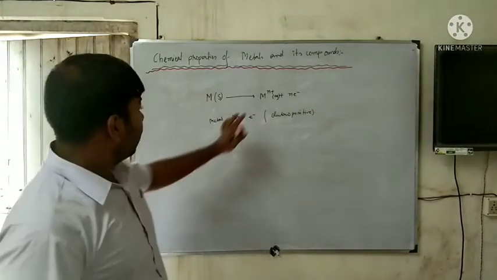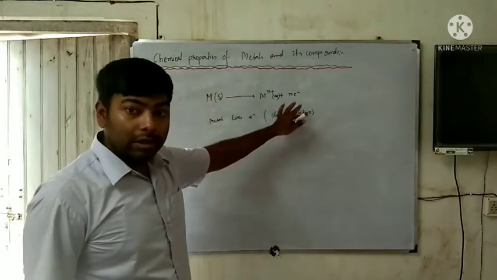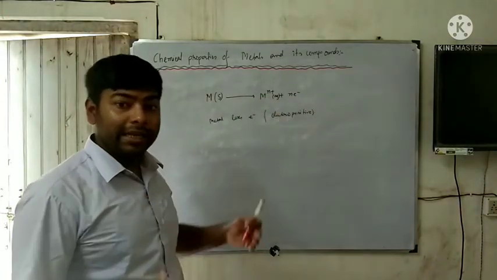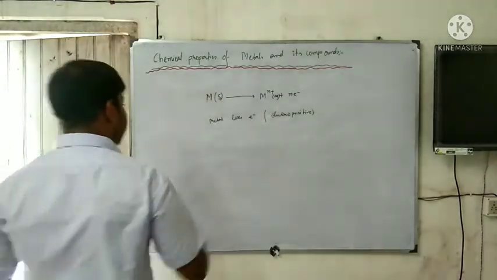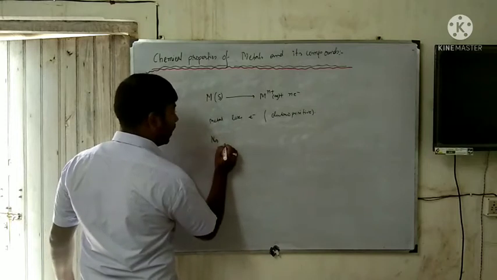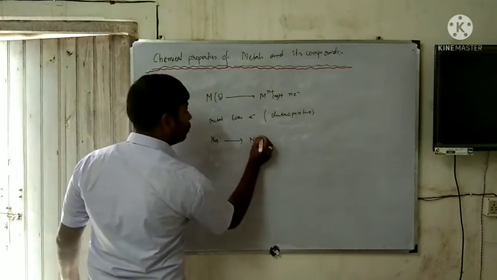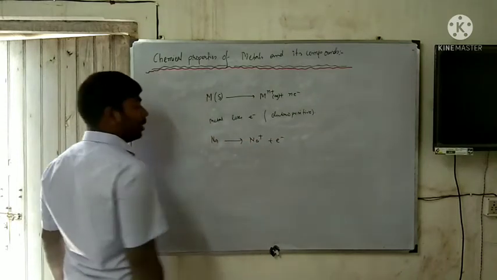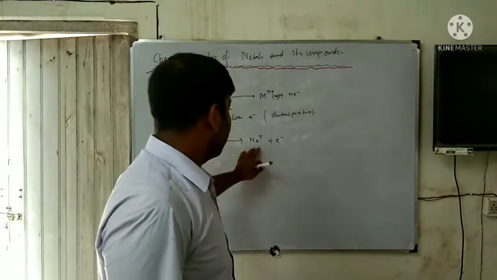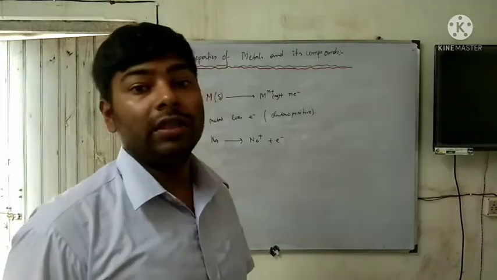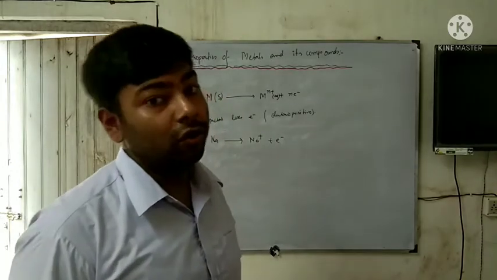But the number of electrons which are leaving will depend on the particular metal. For example, sodium will remove only one electron and become Na+, because this number of one electron is based on its valence shell electronic configuration.